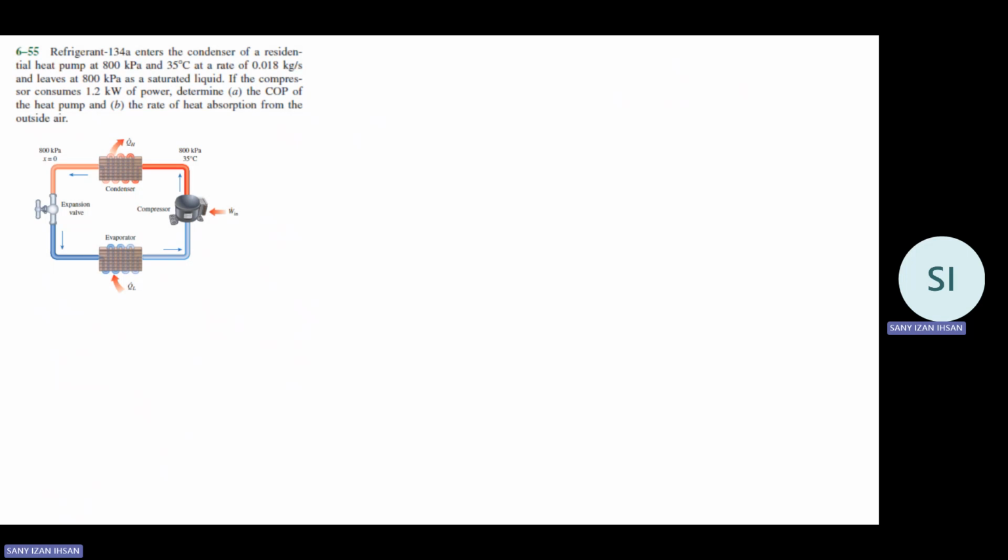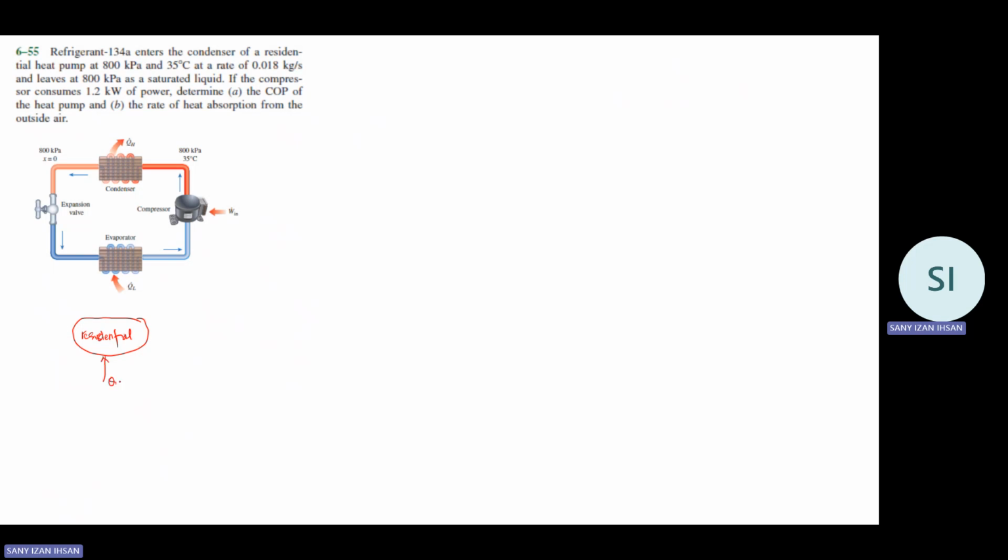Before that, as we have done before, let's put a diagram of the heat pump. We have a residential space, that is our interest, and that is where we want to supply the heat.